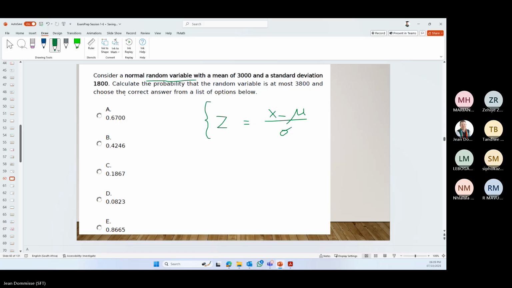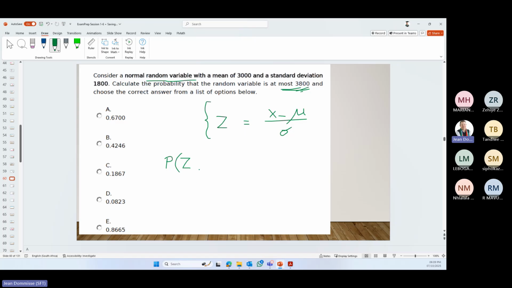So we need to calculate the probability that the random value is at most. So work out the probability that Z is at most. At most means that it can't be more than that.